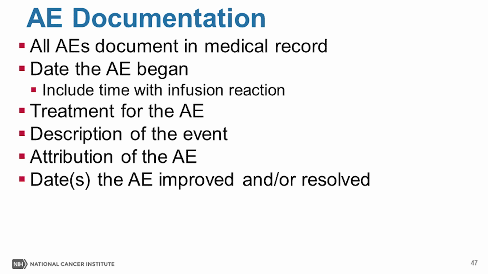So a quality progress note documenting an adverse event does need to include the date of the adverse event. It also could be important to note the time, especially when dealing with infusion reactions.